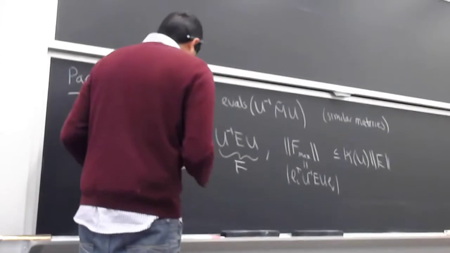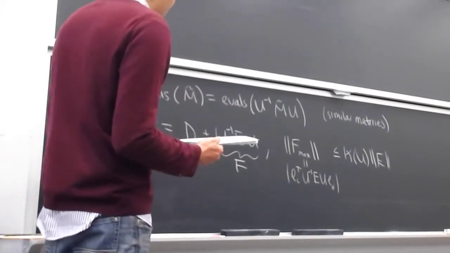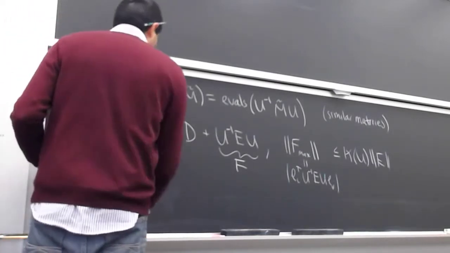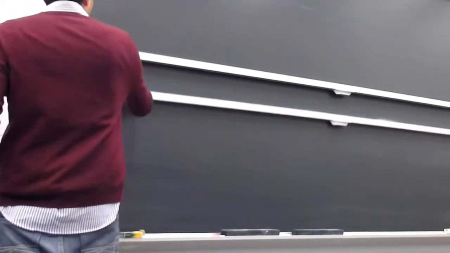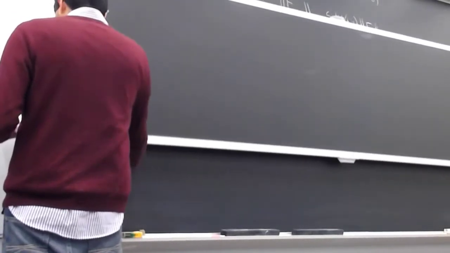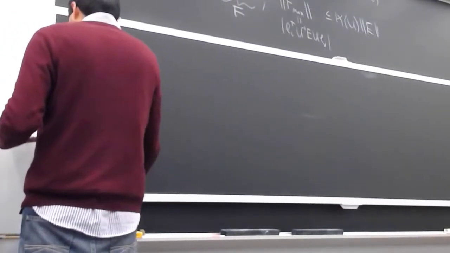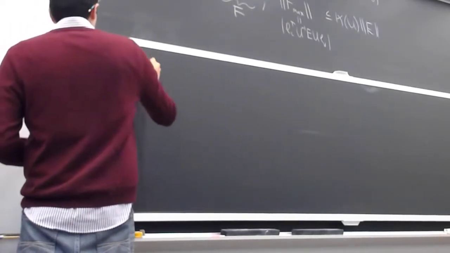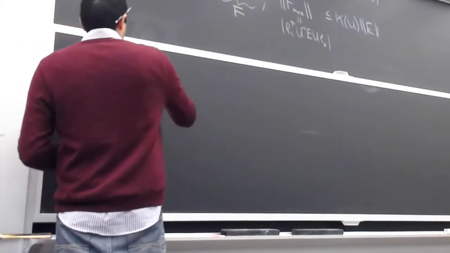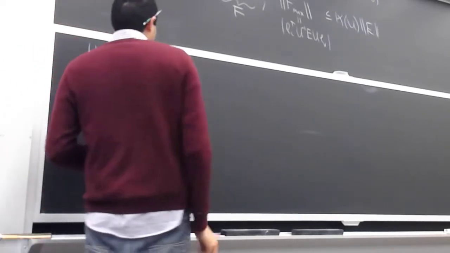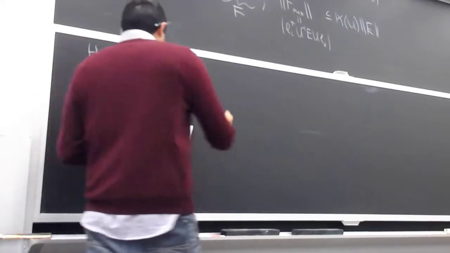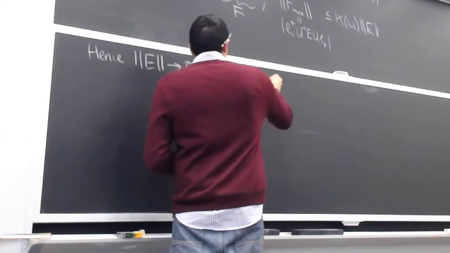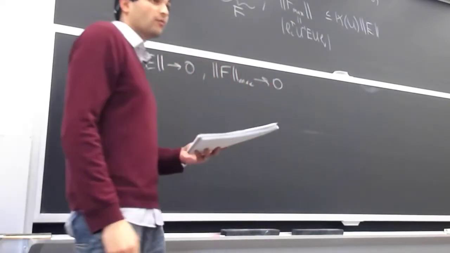All right, so just to finish this argument now, what we're really saying in all of this is: as E goes to 0 at some inverse poly rate, then the max entry in F goes to 0 too, at an inverse poly rate as well.